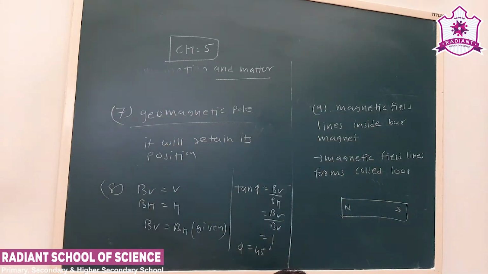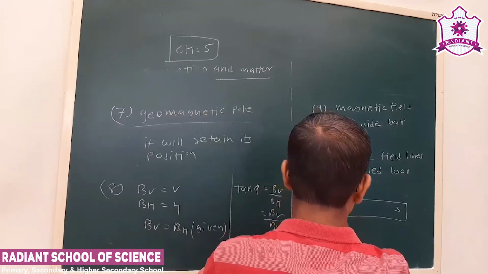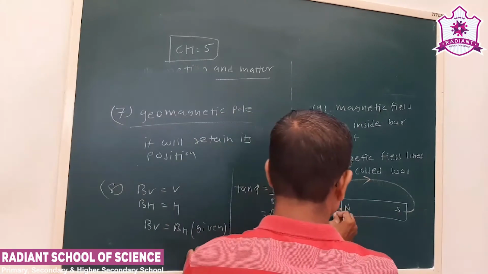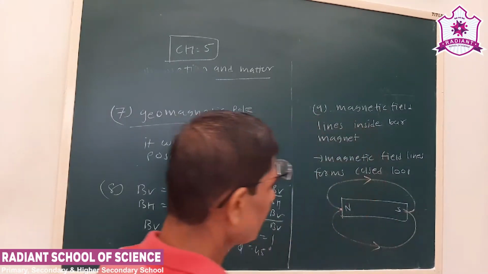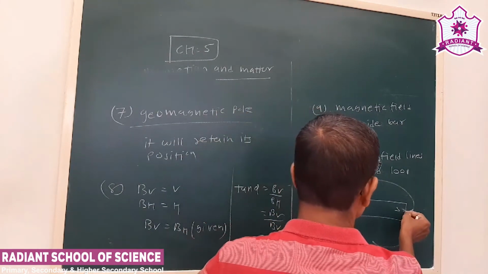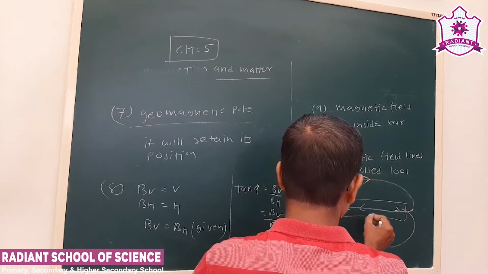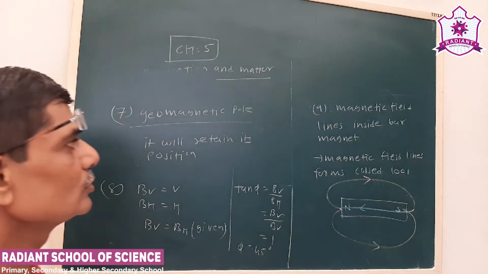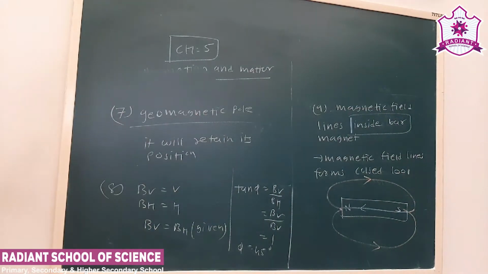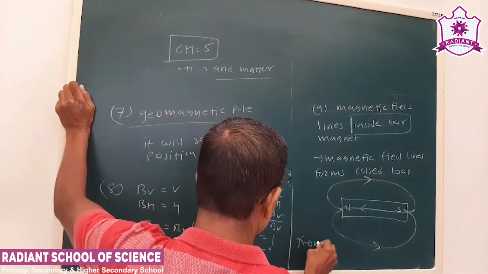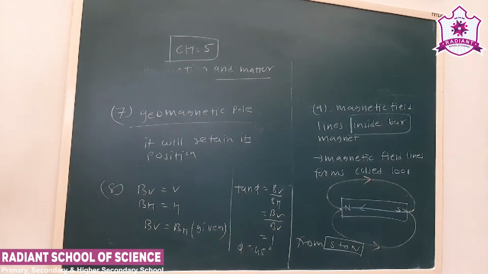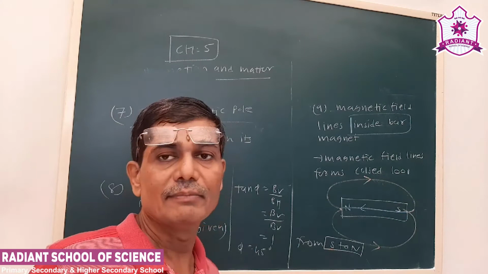Now see outside the bar magnet. But because the magnetic field lines form closed loops, to make a closed loop here, it should be from S to N. So inside the bar magnet, the magnetic field line direction will be from S to N.